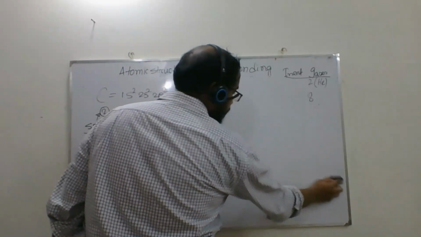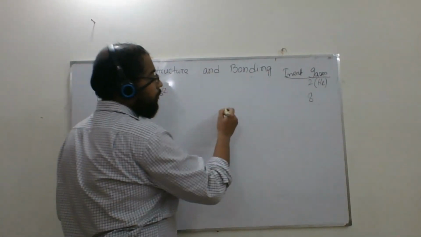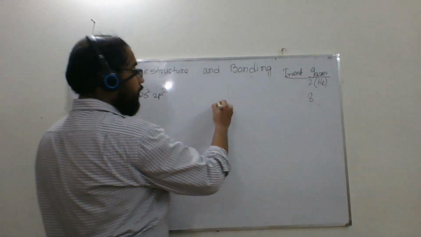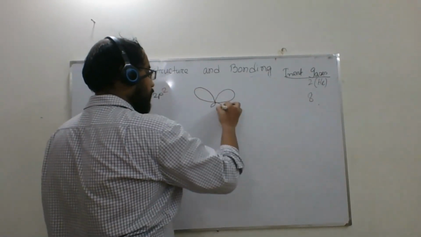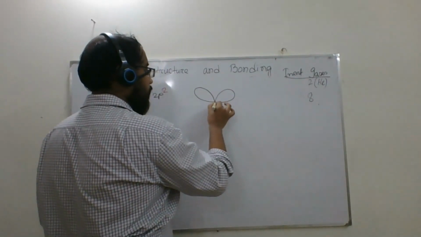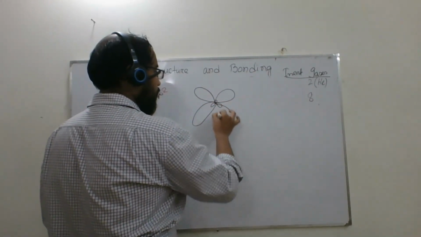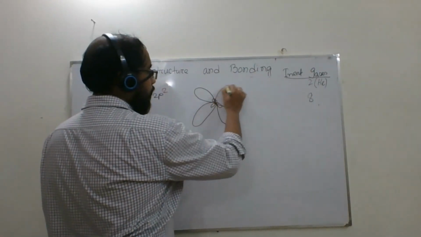our compound of the carbon, like in case of methane, the hybridization is sp3. Okay, sp3. That means there will be 4 hybrid orbitals, so 4 equal energy hybrid orbitals.